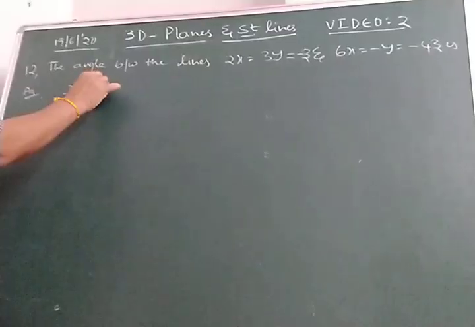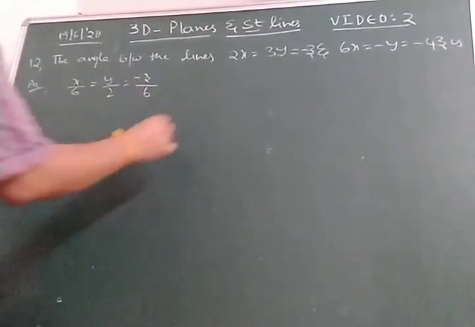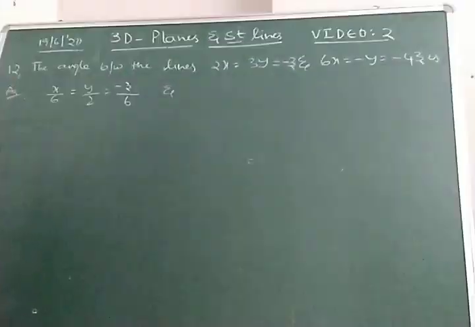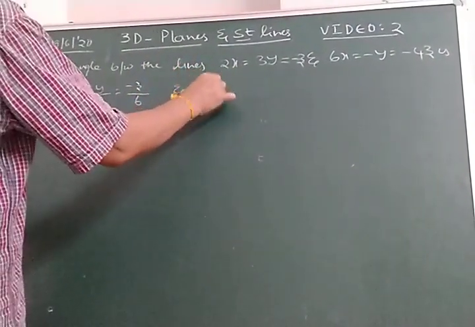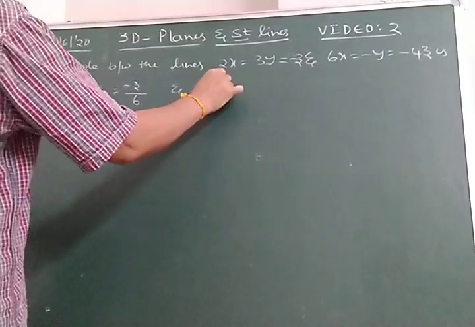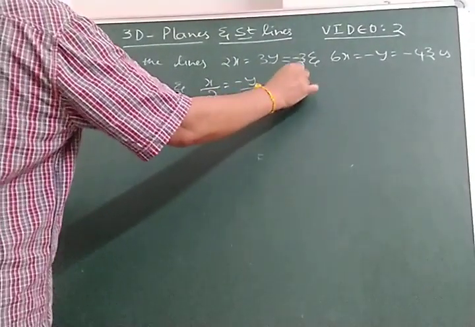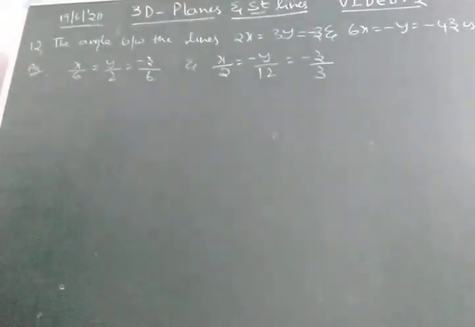So dividing on both sides, x by 3 is equal to y by 2 is equal to minus z by 6. And for the second equation, the LCM of 6, 1, 4 is 12. Dividing on both sides by 12, that is x by 2 is equal to minus y by 12 is equal to minus z by 3. These are the two equations.